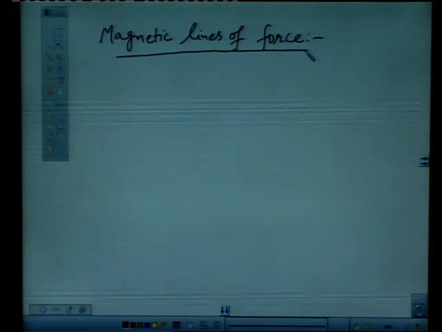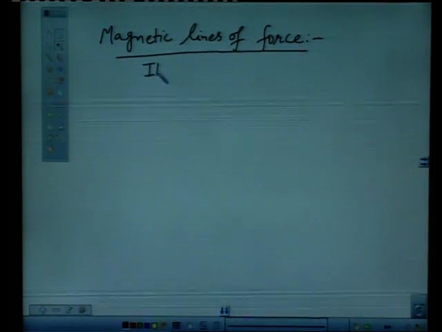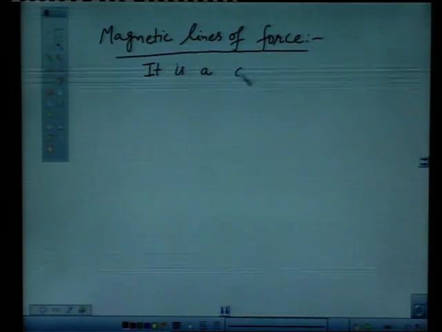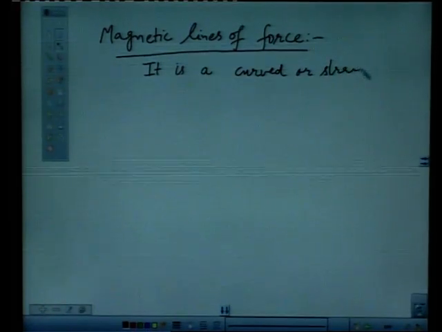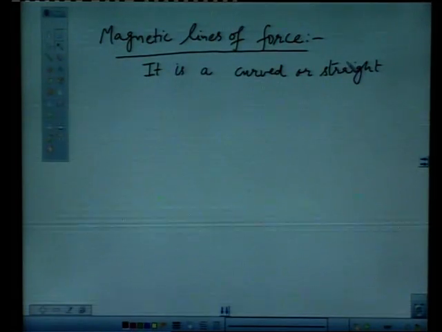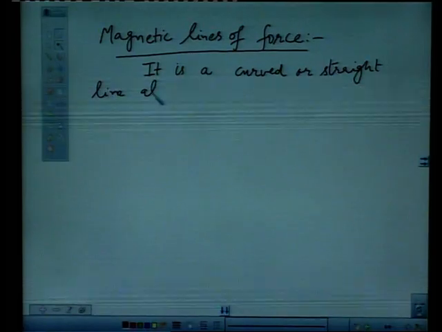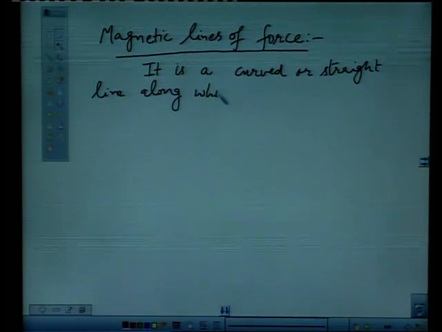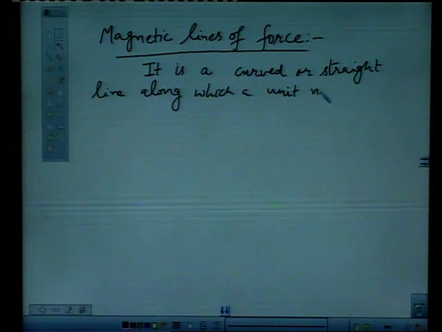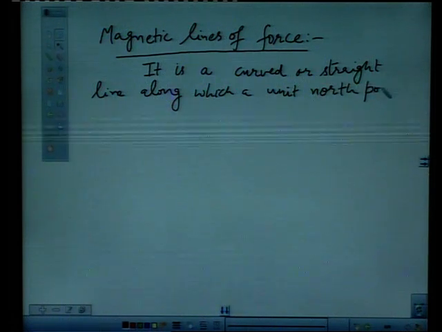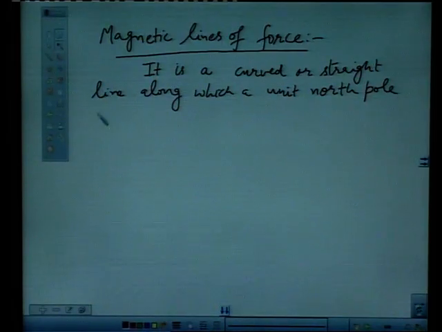Magnetic lines of force are defined as a curved or straight line along which a unit north pole will move under the effect of magnetic force.